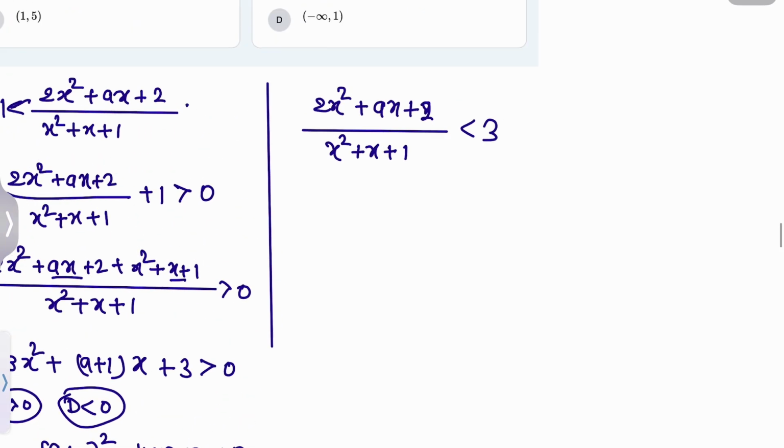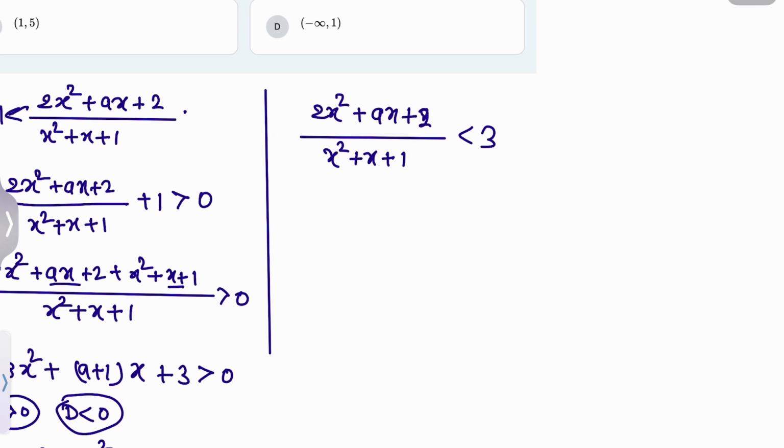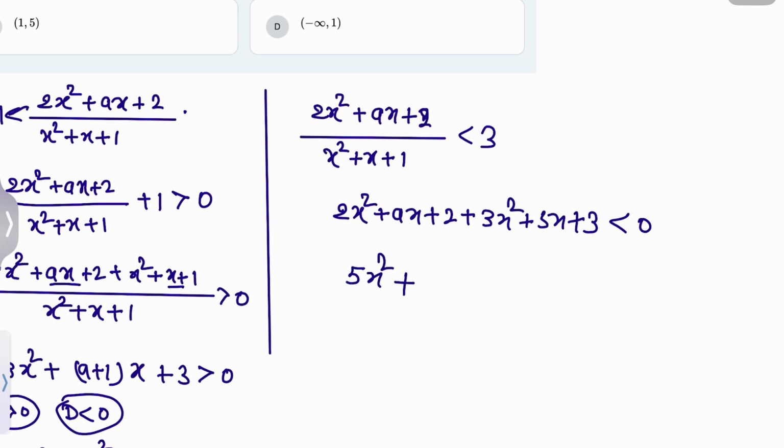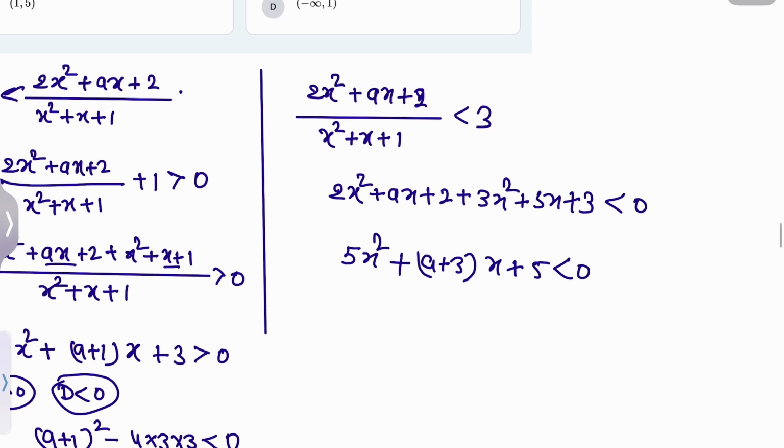And second, according to the second condition, check the same: 3 is shifted to the side, ax, and take an LCM. So 3x square plus 3x plus 3 less than 0, right? Same is the 5x square plus (a plus 3)x plus 5 less than 0. Okay, no changes there.